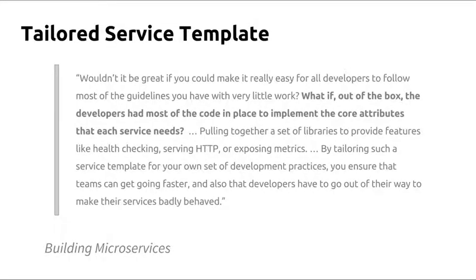Similar to that, but actually different, is a tailored service template. This is something they talk about in Building Microservices. What if developers had most of the code in place to implement the core attributes that each service needs?